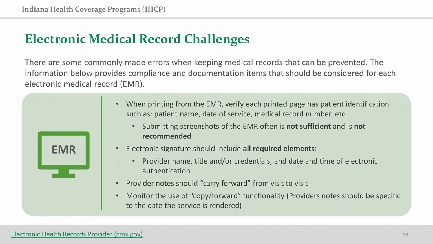The third issue we find in electronic medical records is the use of the copy forward function, also known as cloning. This occurs when a provider copies the same text from a previous date of service, or copies the same text for different patients.